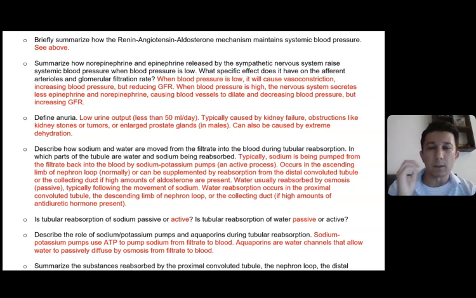So just because when blood pressure starts to increase, the afferent arteriole will start to constrict to reduce blood flow to the glomerular capillaries to protect it from rupturing.